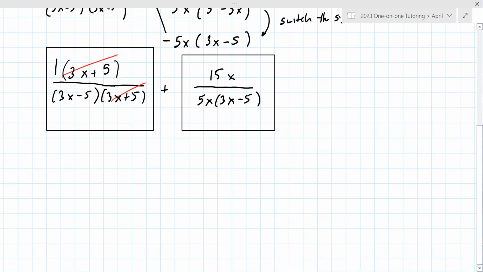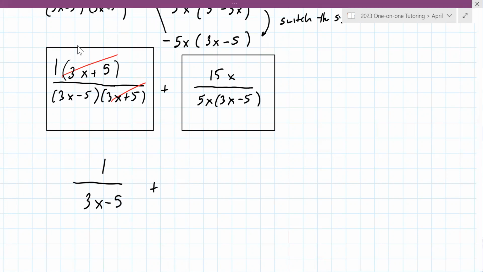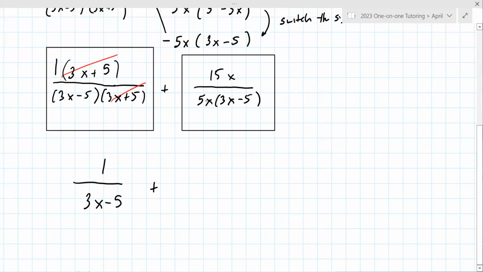Yeah, 1. So this becomes 1 over 3x minus 5 plus, do you see any cancellations over here on the right? 5x and 15x maybe? Yeah, you got it. So 5x and 15x. Now that 15 reduces to what? What is 15 divided by 5? 3.